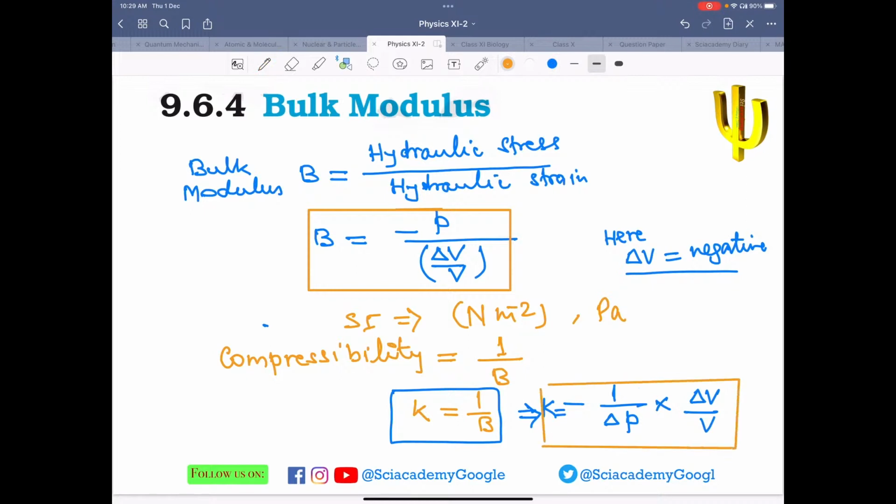Therefore, we get K is equal to minus 1 by delta P into delta V by V. Okay.